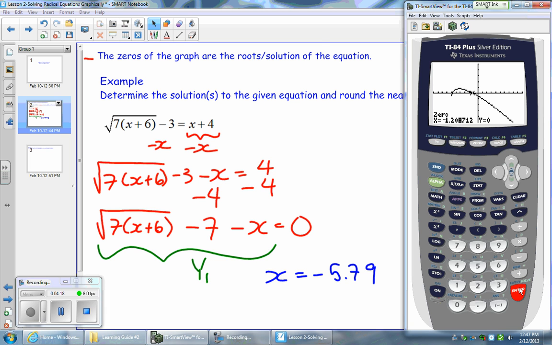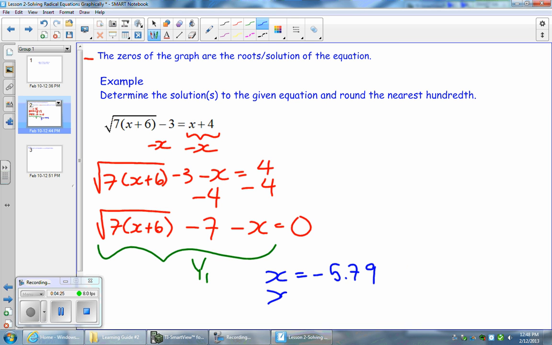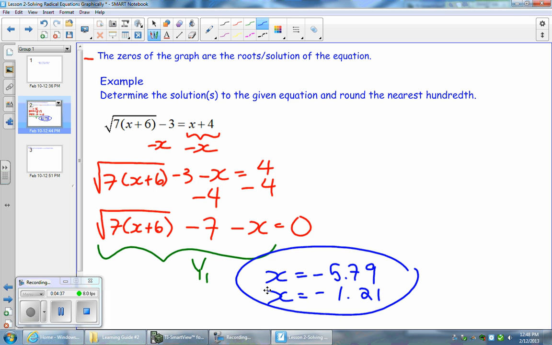And we have a 0 at x is equal to -1.208712. So if we're going to round to the nearest hundredth, my value is going to be x is equal to -1.21. So those are my 2 solutions to this equation, and that's how you solve a radical equation using a graph.